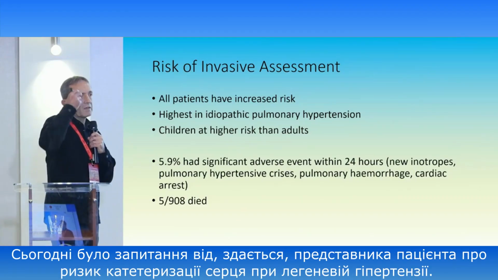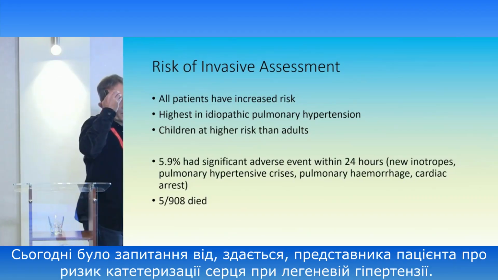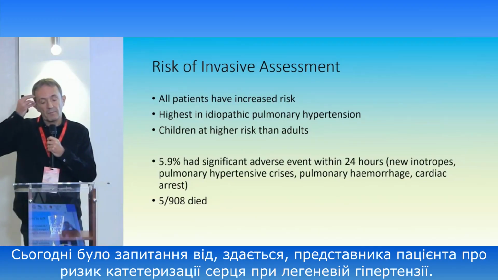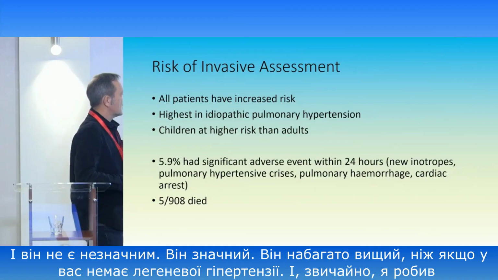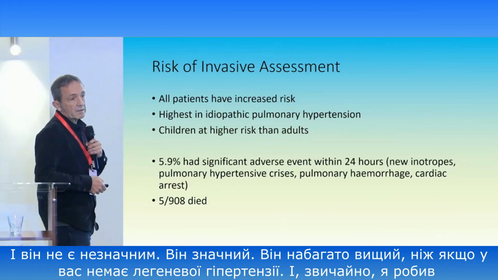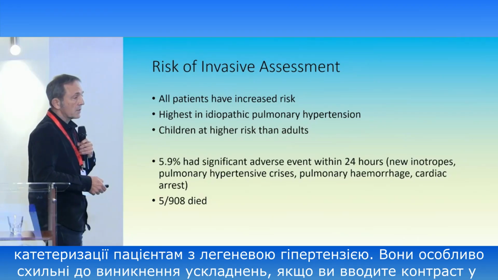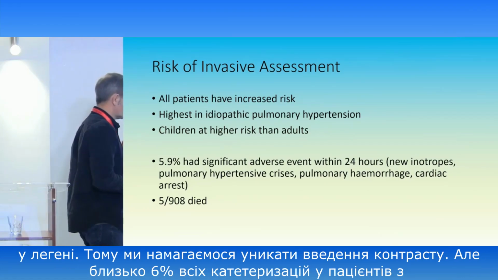Now, there was a question earlier today from, I think, a patient representative about the risk of cardiac catheterization with pulmonary hypertension, and it's not insignificant. It's significant. It is much higher than if you haven't got pulmonary hypertension, and certainly I've done catheters on patients with pulmonary hypertension and had problems. They're particularly prone to problems if you inject contrast in the lungs, so we tend to try and avoid putting contrast in.